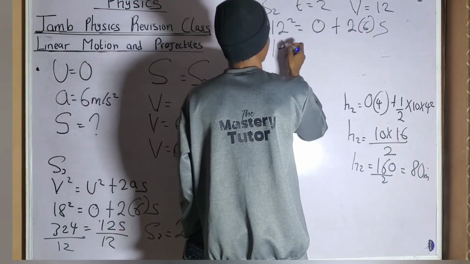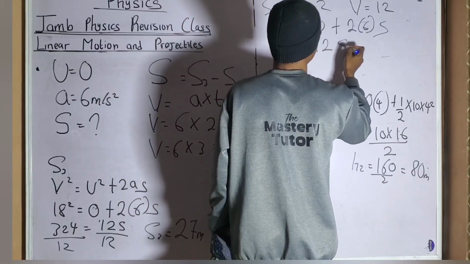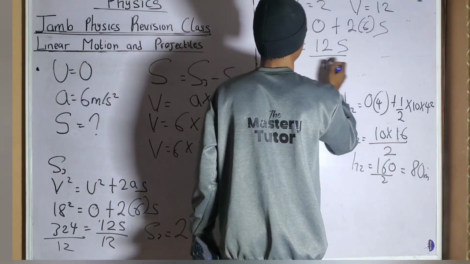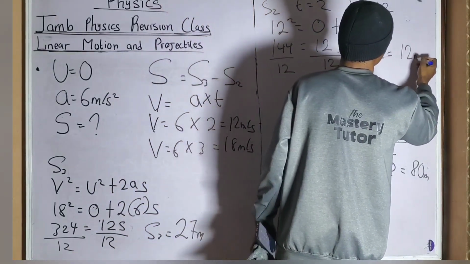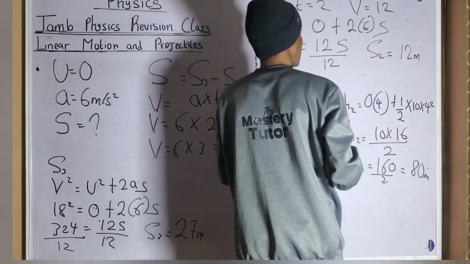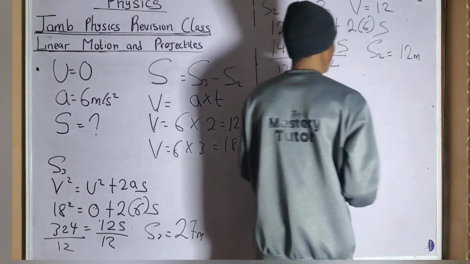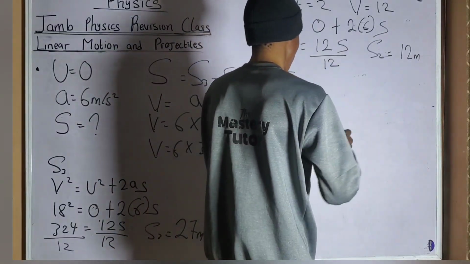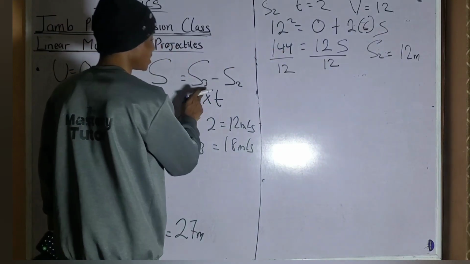So that is 144 equals 12 multiplied by s, okay? Because 6 times 2 will give you 12. Divide this by 12, this over 12 and this over 12. S2 is equal to 12 meters, okay? Now we can get the value of the distance that the body covered in the 3rd second, by taking the difference between S3 and S2.